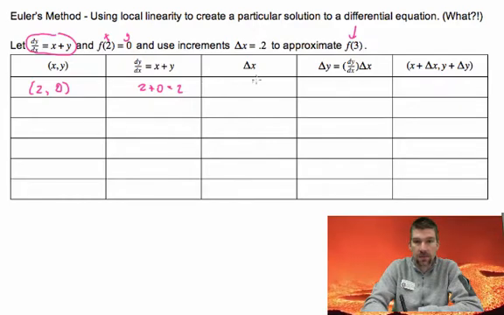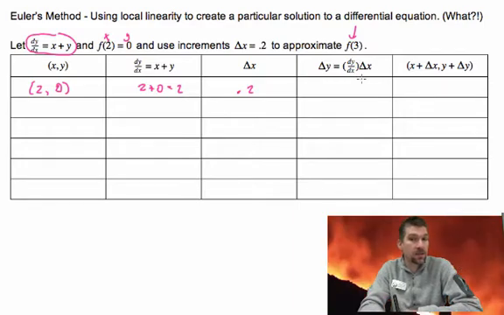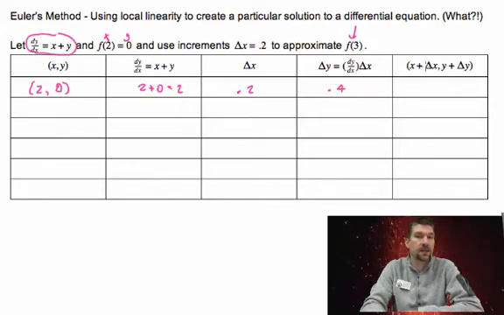Delta x, they already told us, is 0.2. Delta y is dy/dx times delta x. So 2 times 0.2 is 0.4. Then you add delta x and delta y.